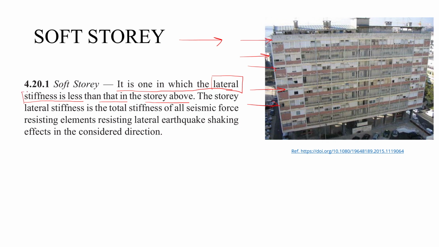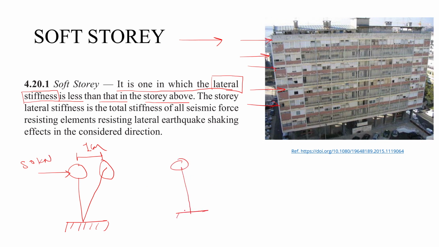And the second term here is stiffness. I will give you one example. Suppose this is your structure and it moves by 1 centimeter, and to move this structure by 1 centimeter I will require 50 kilonewton force. The second is a similar one-story structure.